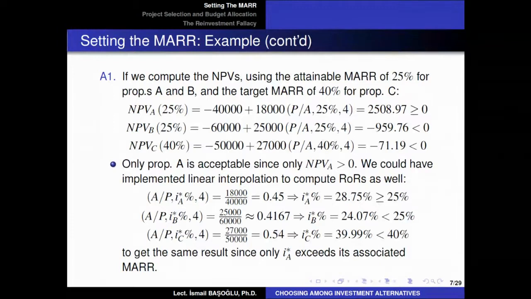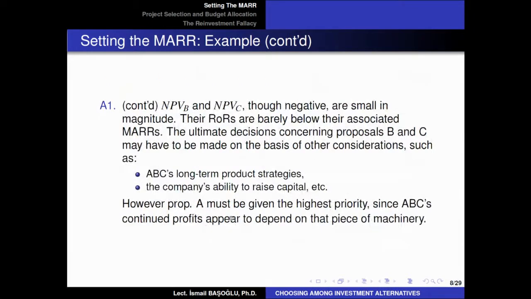So the organization will expand. And also the net present value is positive. Therefore, proposal A must be given the highest priority. And actually, it is the replacement of old equipment, so it is a good idea to make everything new. Then we may think about investing in proposal C, then proposal B.